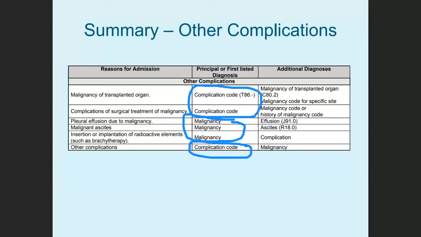There's so many possibilities. The complication is listed first. So look for the guidelines or for notes under a code like there are for effusion and ascites, so that will help you determine which one is first.